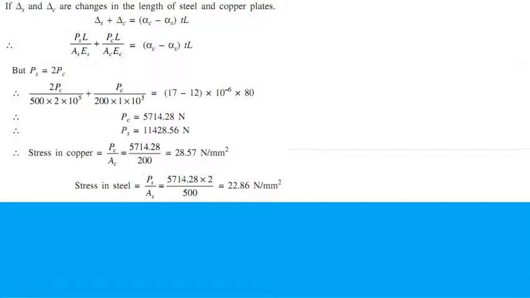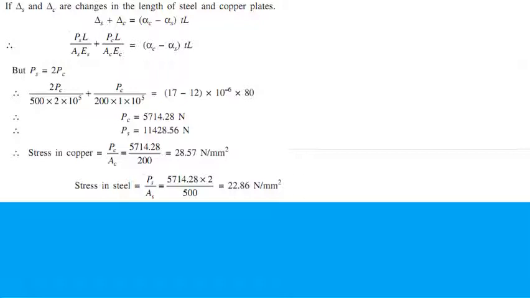So PC divided by AC, whose value is 200, into Young's modulus of copper, 1 into 10 power 5, is equal to alpha C value 17 minus alpha S value 12, and the temperature is 80 degrees Celsius.